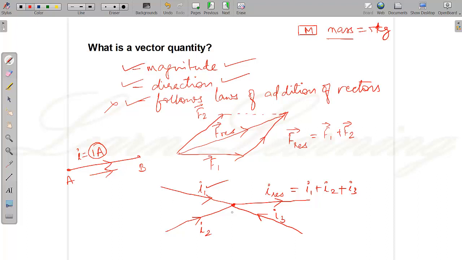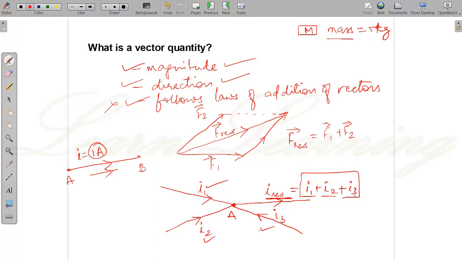Let's say there is a point A towards which there are currents going, I1, I2 and I3, and this is the resultant current coming out from point A. This resultant current is simply the sum of the individual currents, I1 plus I2 plus I3. The resultant of vector quantities will not be a simple sum like this.